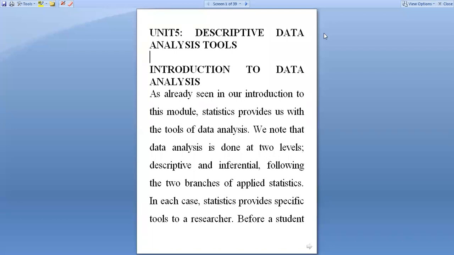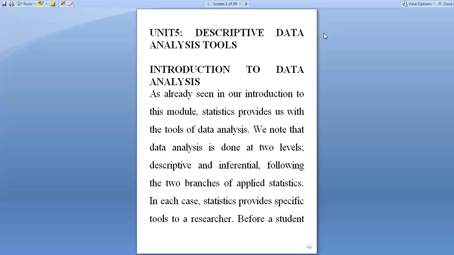This is where we are. We are in Unit 5, Descriptive Data Analysis Tools. In this unit, first of all, we are going to remind ourselves what descriptive data analysis is.